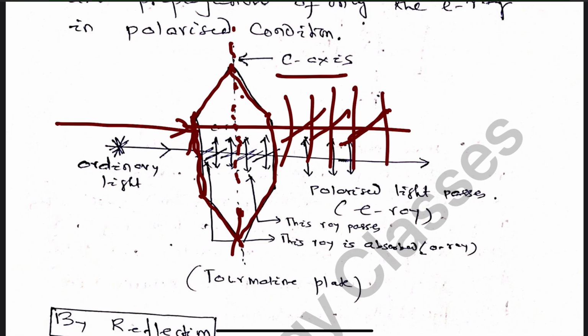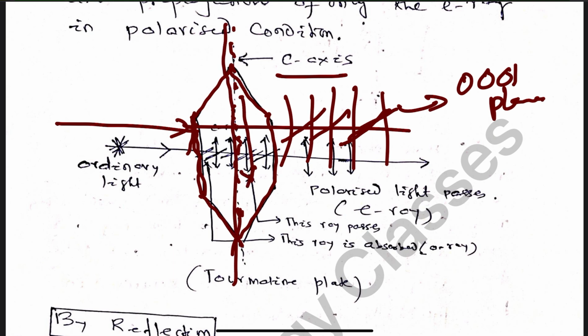The vibration which is parallel to the basal plane is absorbed, and the vibrations which are parallel to the c-axis are allowed to pass through.